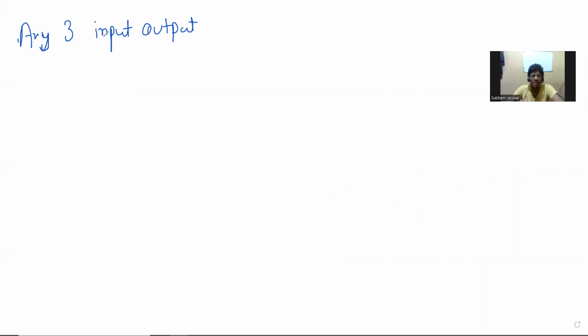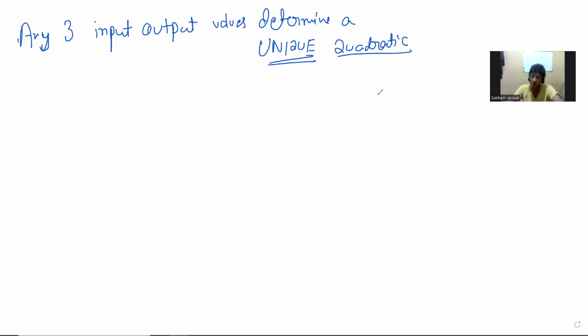Now the next thing is any three input output values determine a unique quadratic. When we say quadratic, we want to say an honest quadratic. So how do we do this?